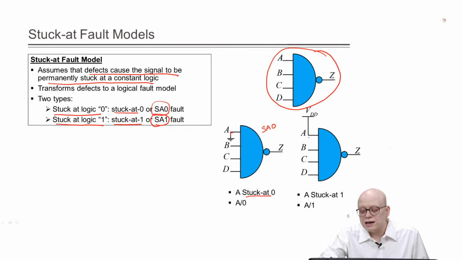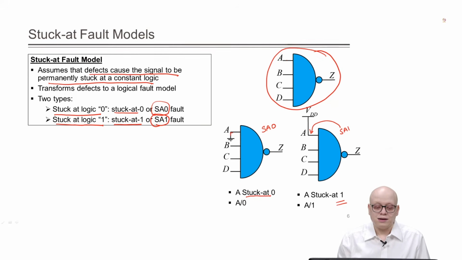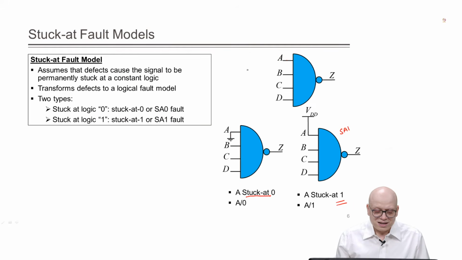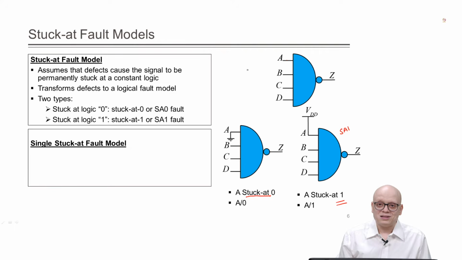Similarly, if the A line was shorted with VDD or power supply line, in that case we will say that A is stuck at 1 and in short form we say that SA1 is there at the line A, right. Now, there is another fault model which is known as single stuck at fault model, which is very popular.